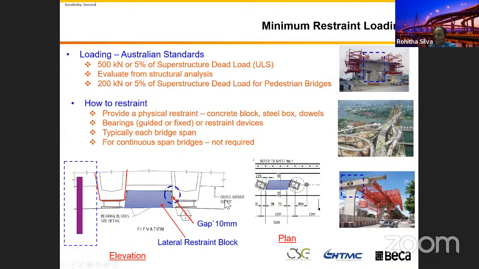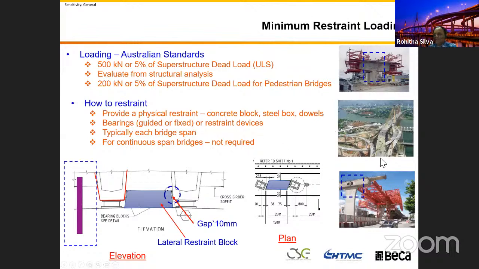But for bridges like what you can see in this picture, the balanced cantilever bridge and this continuous span post-tensioned bridge, if your girder, superstructure and substructure are integral together, then you don't need the extra lateral restraint. The bridge itself is restrained.